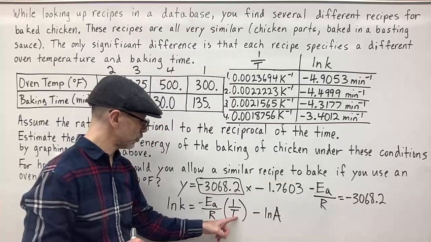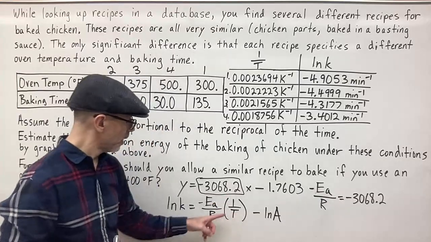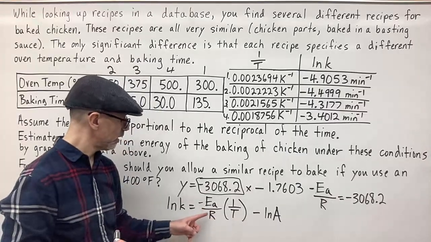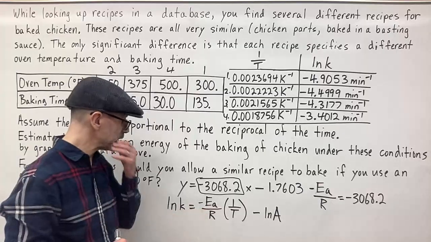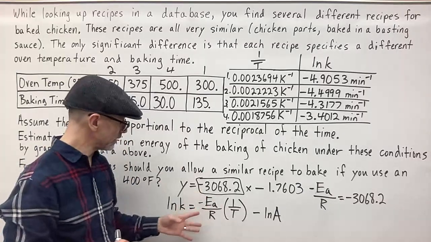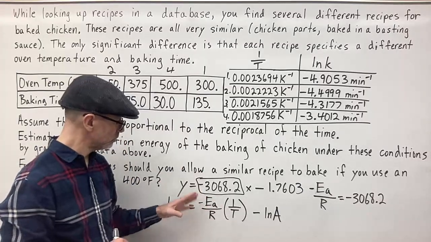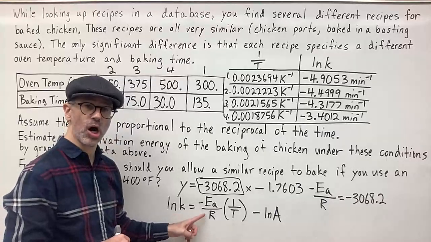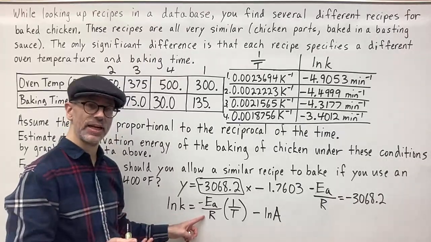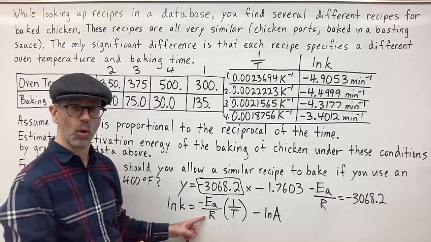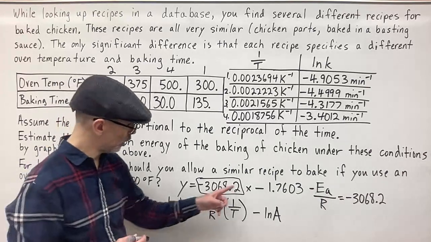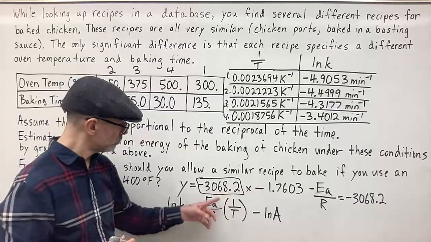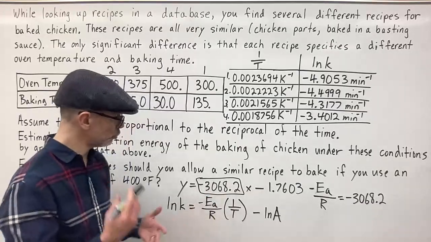We want to cancel that out because this is going to be in terms of Kelvin as well. And so that's going to get us our activation energy, because remember, R has Kelvin in it. It also has joules per mole, so we want the Kelvin to cancel out. So there's Kelvin there along with joules and moles.